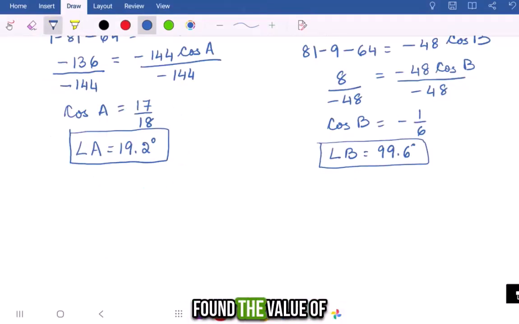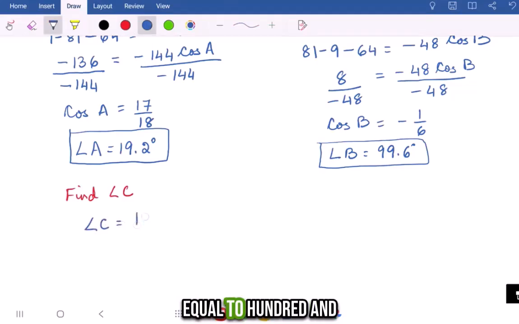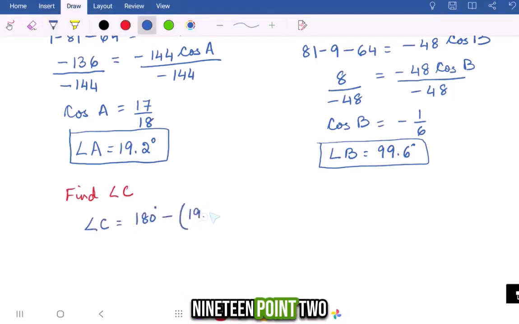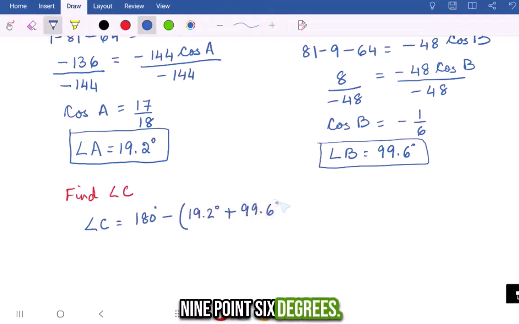So now we have found the value of angle A. We found the value of angle B. We need to find the value of angle C. For that, we do not need to apply a law of cosines formula. We can simply add up the measures of angle A and angle B and subtract that from 180 degrees, correct? So let's do that. Angle C will be equal to 180 degrees minus 19.2 degrees plus 99.6 degrees.